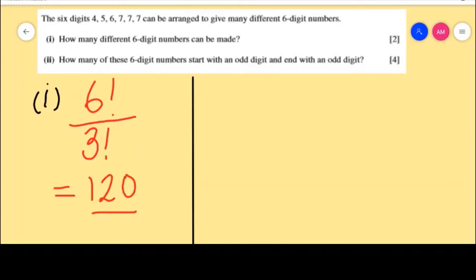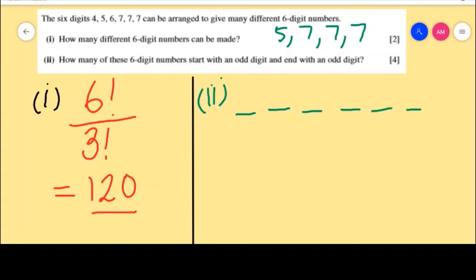120. Right, part 2. Right, how many of these 6-digit numbers will start with an odd and end with an odd? Now my odd numbers, I've got 5, I've got 7, 7, and 7. So 1, 2, 3, 4, 5, 6.